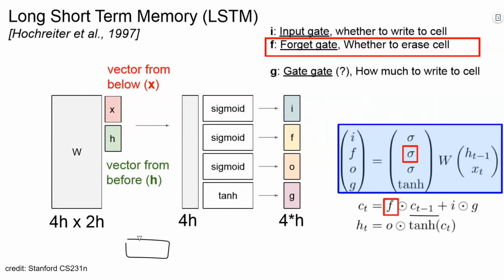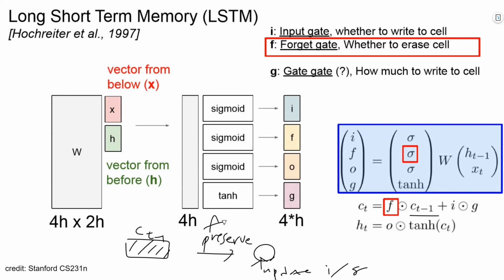Therefore, this cell state gets updated by 2 mechanisms: preserving previous information, or updating new information using the input gate and G gate.